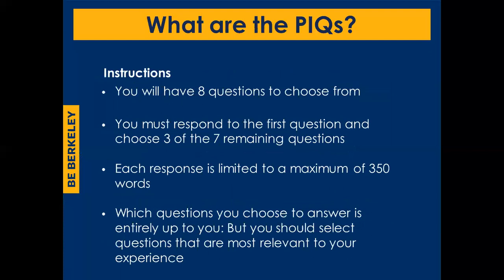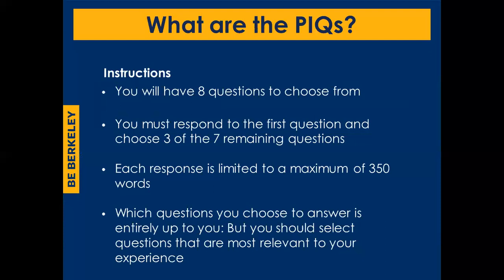So the instructions for the PIQs, or the personal insight questions, is that you do have 8 questions to choose from. One of those is a mandatory question which you must respond to, and it's the first question. And then you're going to have to choose 3 of the 7 remaining questions. Each response is limited to a maximum of 350 words, and the application will shut you down at 350 words. So you want to make sure that you're staying within that max limit.